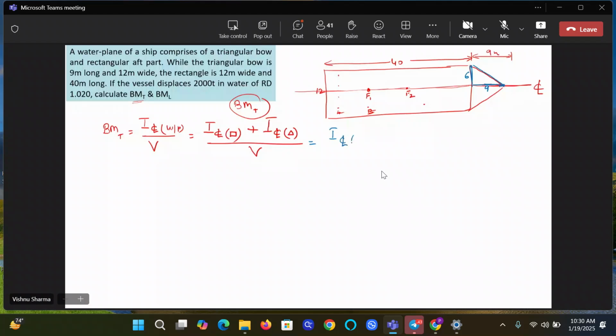ICL of the rectangle plus the moment of inertia about CL of the triangle, both triangles will be the same. So 2 into ICL of half triangle, divided by volume. Have I written it correctly, guys? Anybody has any questions?